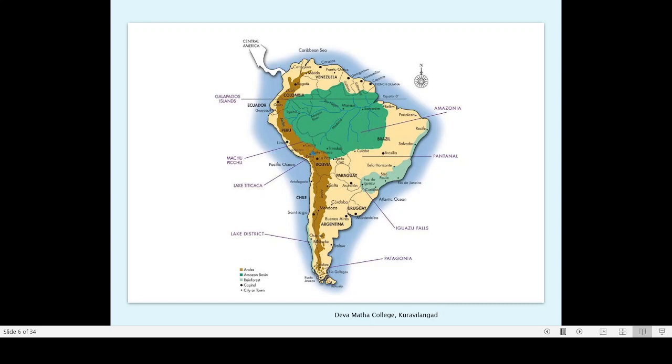Gradually the temperature of the country will be increasing. So more heat waves will be coming. So that will be affecting the life of human beings and also the life of plants and animals. So Amazon is a very important area in South America, occupying a large portion of South America.